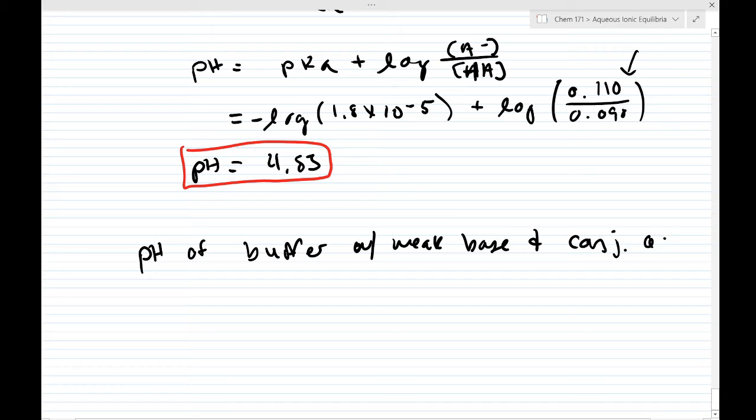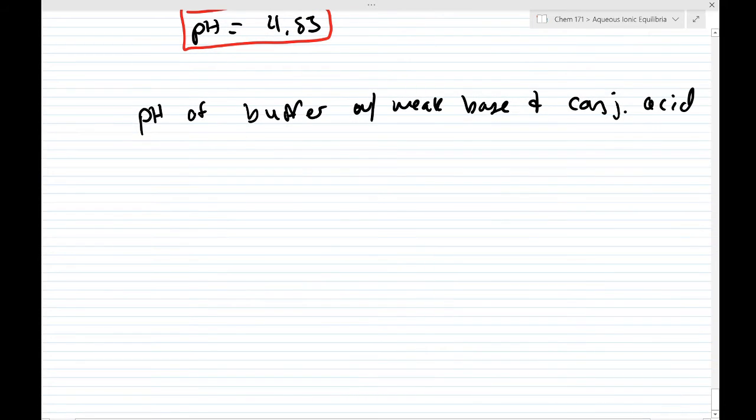This is basically the opposite of what we've been doing already. It's a very similar procedure as weak acid and conjugate base, just kind of the opposite because you have a weak base and a conjugate acid.